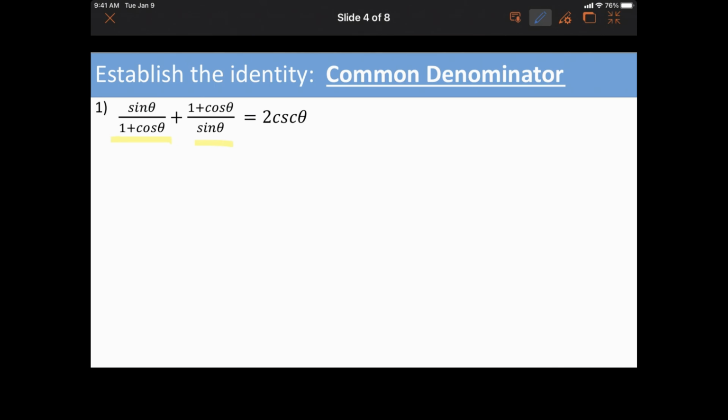So our common denominator is going to be both of them, so it's going to be 1 plus cosine theta times sine. What we're going to do for each part is multiply by the other denominator. And what you do to the bottom, you do to the top.